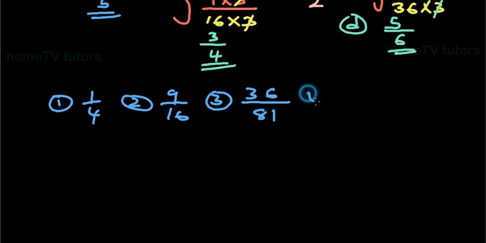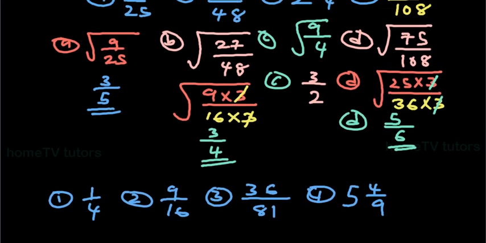Then number 4, let me give you a mixed fraction. Find the square root of 5 whole number 4/9.